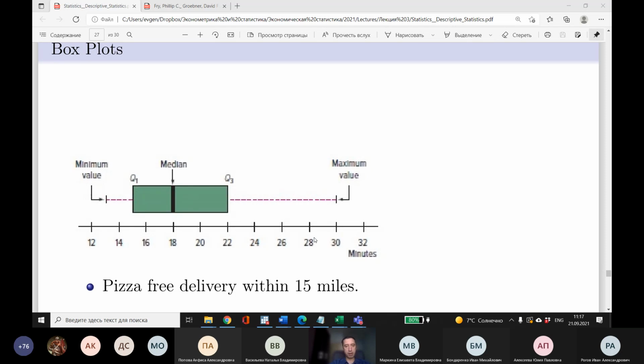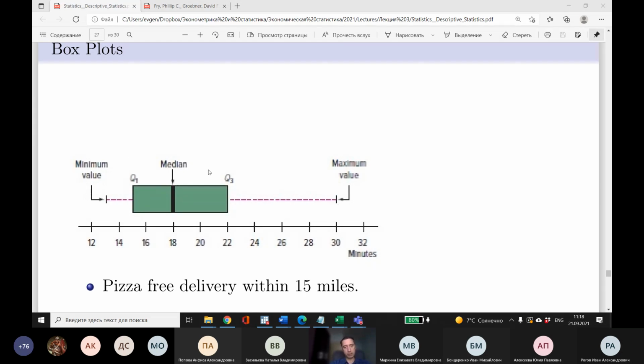What else can we learn from this chart? We can learn whether there are outliers or extreme values in our data. Look, in this chart, we see that the minimum value is close to the first quartile, but the maximum value is far from the third quartile. What does it mean? It means that our distribution is skewed.